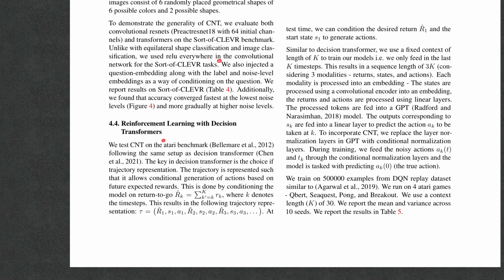Now, one important thing in modeling this is that, because you also have the question, they injected the question embedding along with the label in order to condition the outputs on the question to get to the final classification. And lastly, they focused on reinforcement learning with decision transformers and evaluated CNT on the Atari benchmark.